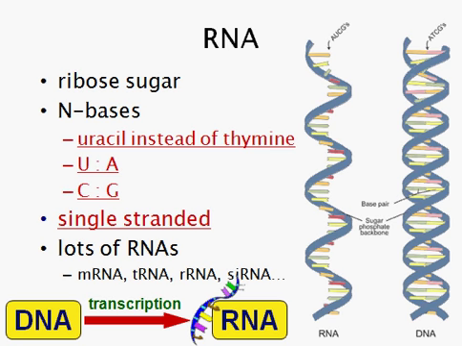And a last but large difference between RNA and DNA is that there are a lot of different types of RNA in a single eukaryotic cell. There are several types in prokaryotes as well, but not as many as eukaryotes.